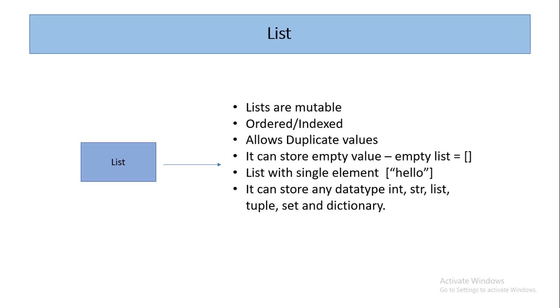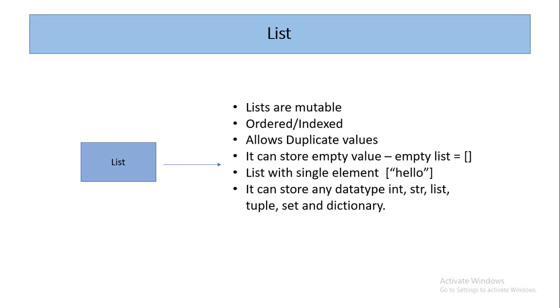Lists are ordered and indexed. Indexed means you can access any value through its index number, because it's completely ordered. If some value is at the first place, you can access it from the index number. The third feature is that it allows duplicate values. You can add duplicate values in a list.